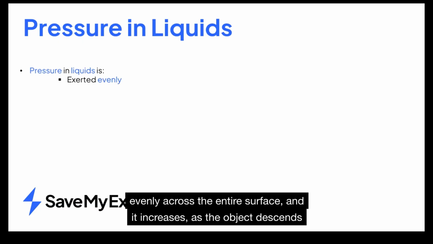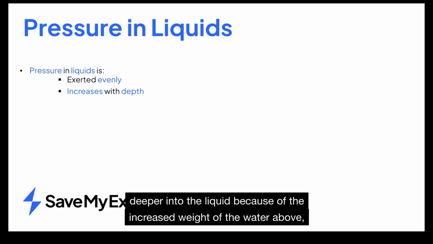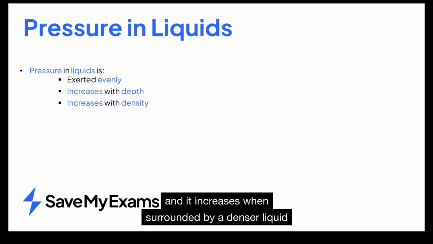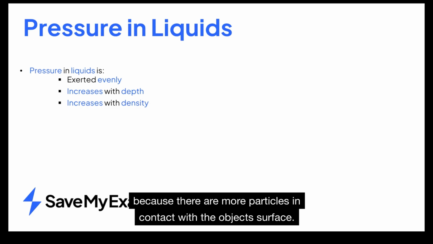In summary, pressure on an object suspended in a liquid is exerted evenly across the entire surface, and it increases as the object descends deeper into the liquid because of the increased weight of the water above, and it increases when surrounded by a denser liquid because there are more particles in contact with the object's surface.